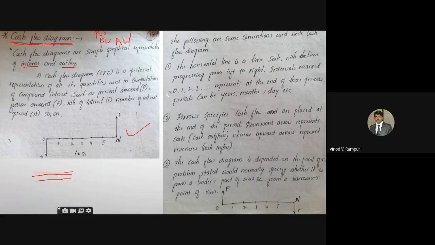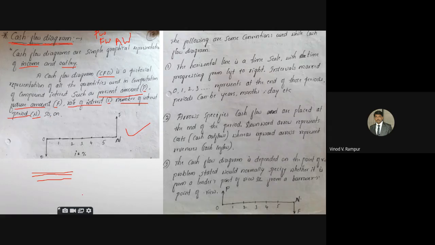A cash flow diagram, simply CFD, is a pictorial representation of all quantities used in the computation of compound interest, such as present amount, that is the principal amount P, future amount F, rate of interest I, and number of interest periods N, and so on.